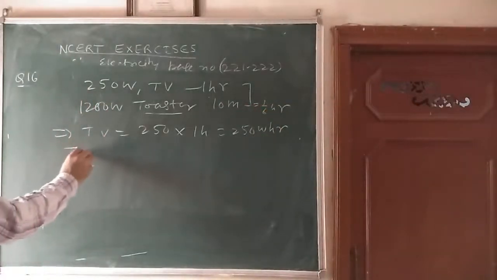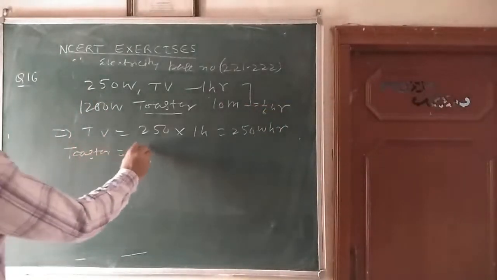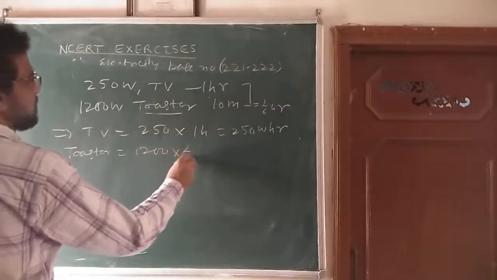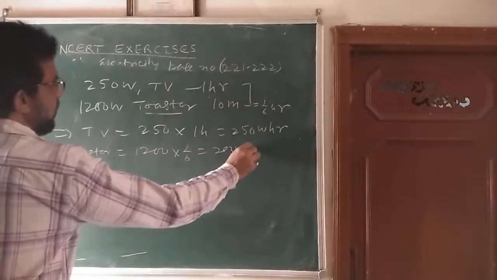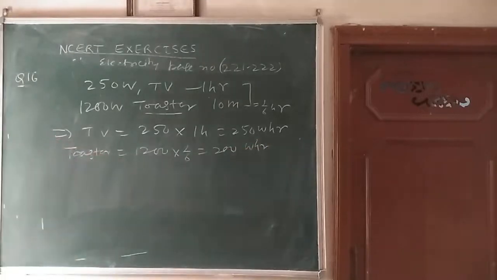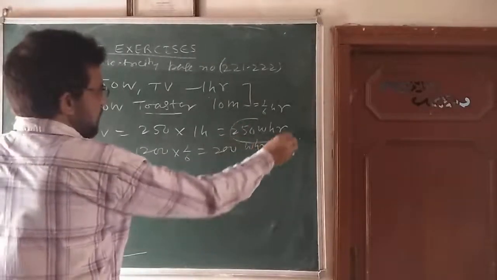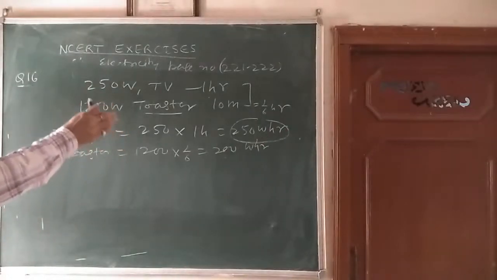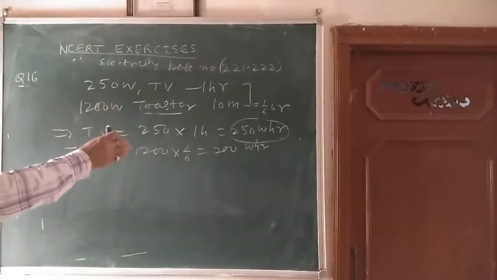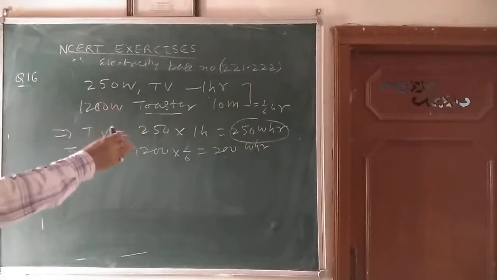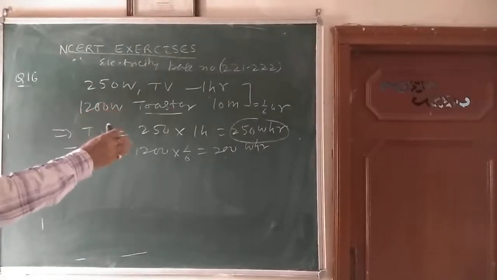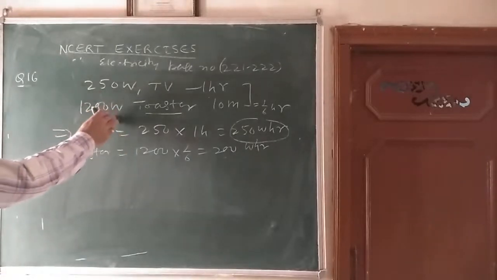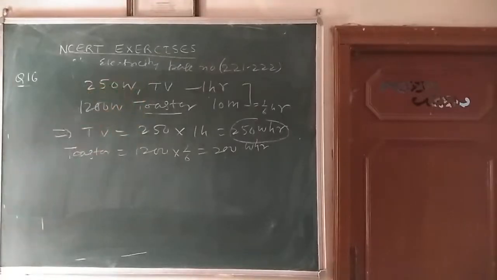So for the toaster you can see 1200 into 1/6, that is 200 watt hour. So what are you observing? 250 is more than 200. So I can say a 250 watt TV set uses more energy in 1 hour than a 1200 watt toaster in 10 minutes. Is it clear?